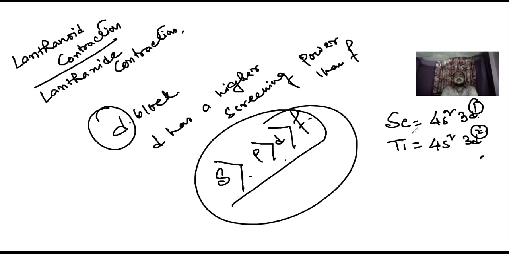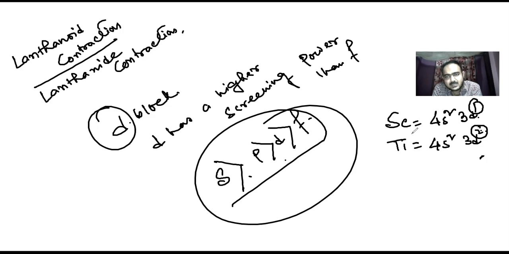I'm giving you an example here. While you go from scandium to titanium, the size difference is not as much as from lanthanum to cerium, because F is a poor screener. While the F becomes heavier, the screening power of the orbitals becomes very, very low. That's why the Z effective will increase.